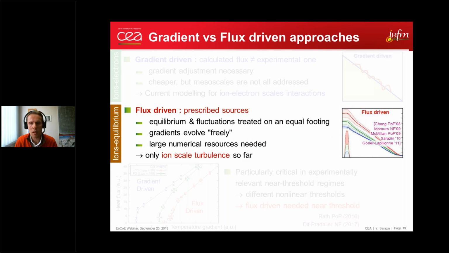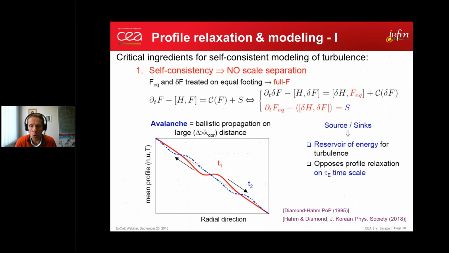Let's come now to the last point, the interplay between the ion scale, the electron scale and the equilibrium scale. So, coming back a little bit more on this issue, from the kinetic point of view, this is the Vlasov equation, or the gyrokinetic equation, which takes a similar form. On the left-hand side, you have the time evolution of the distribution function, f.